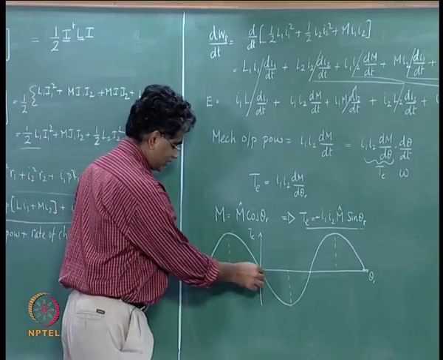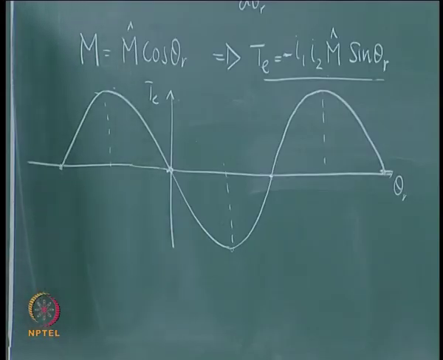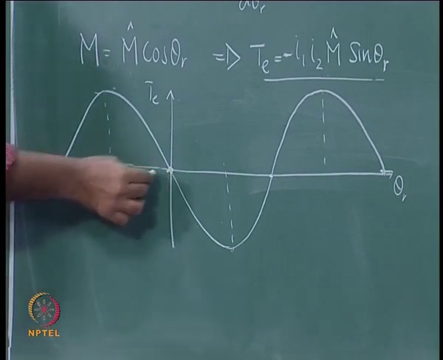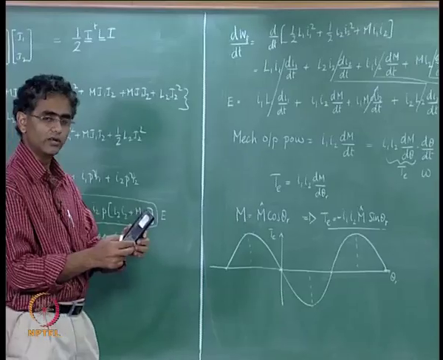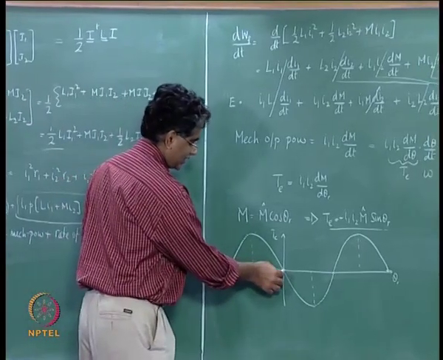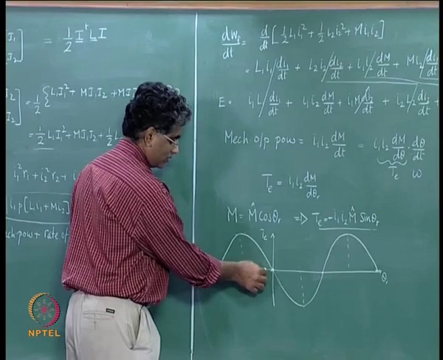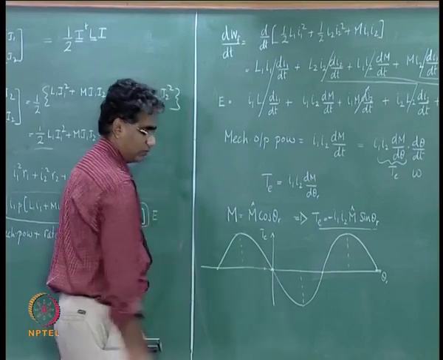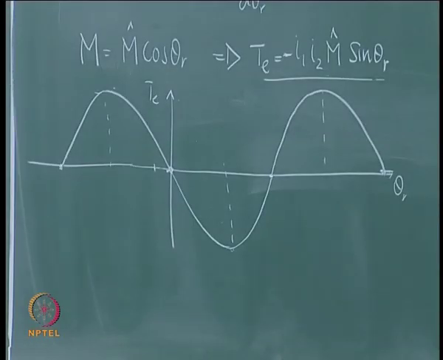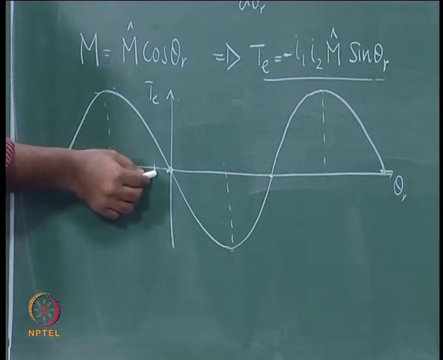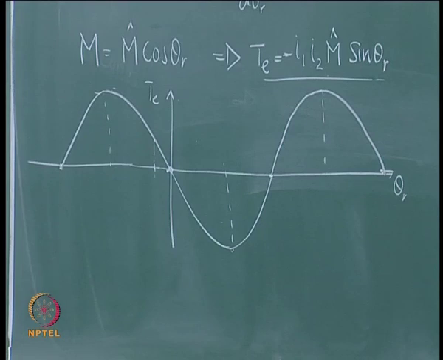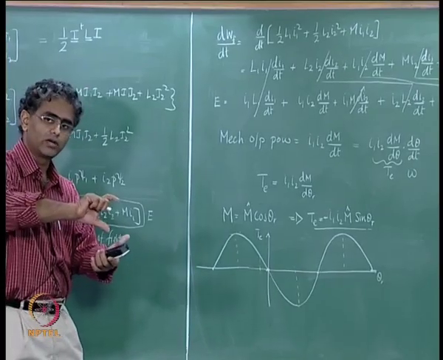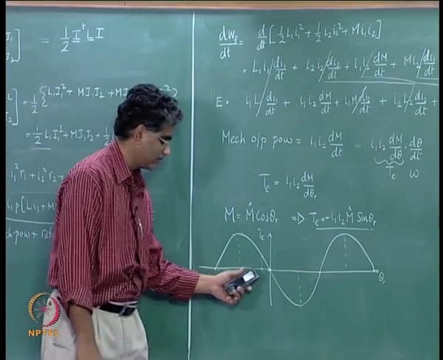Suppose the rotor is here, and let us say that due to some disturbance the rotor is shaken a little, and the angle of the rotor from 0 becomes this value. If it becomes this value, the torque is greater than 0, and therefore the rotor will try to rotate in the same direction of increasing angle.